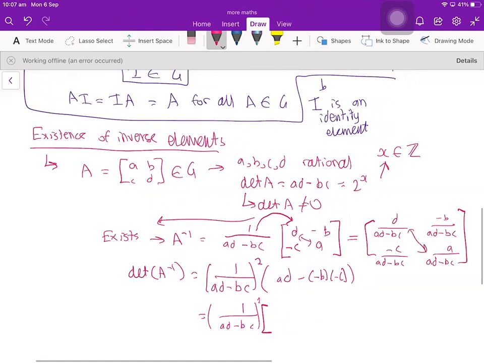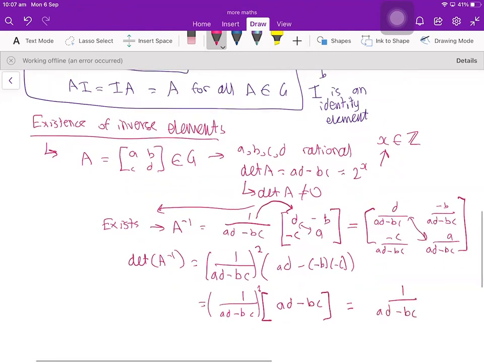That's why the AD minus BC is going to be squared. So we have 1 over AD minus BC squared times AD minus BC, and this is equal to 1 over AD minus BC. So AD minus BC was 2 to the x, so we're going to have 2 to the negative x here.